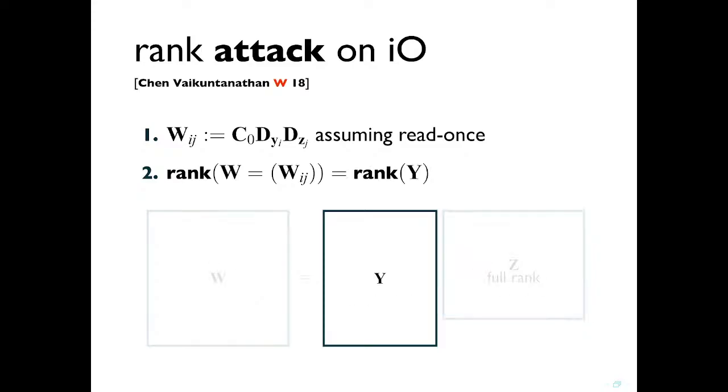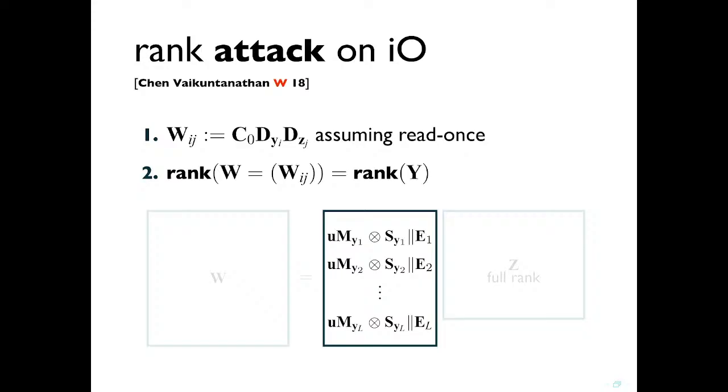Now, what's the rank of Y? If you look at what Y looks like, it's going to essentially encode information about the partial product so far, tensored with some subset product of the S matrices, together with some error terms. And again, making some heuristic assumptions. By the way, all these attacks on I/O are sort of heuristics. You assume that Gaussians behave somewhat independently, and then you verify these heuristics by writing a computer program.